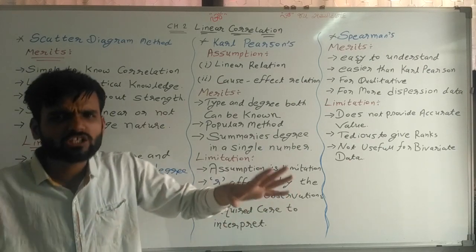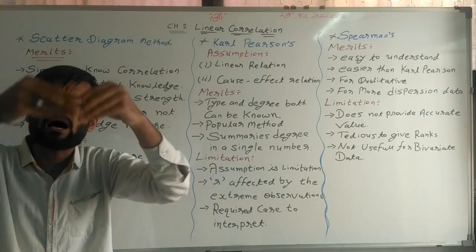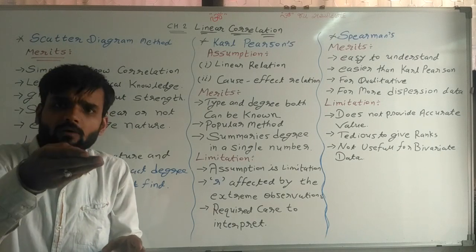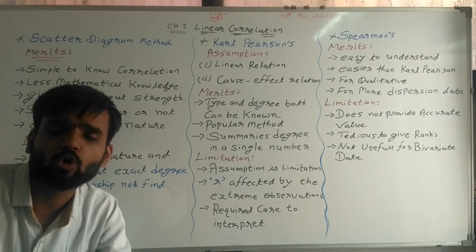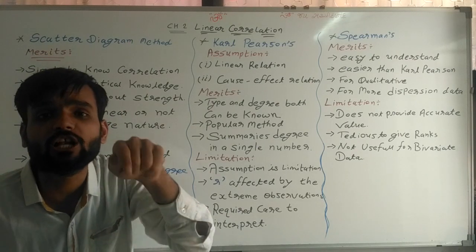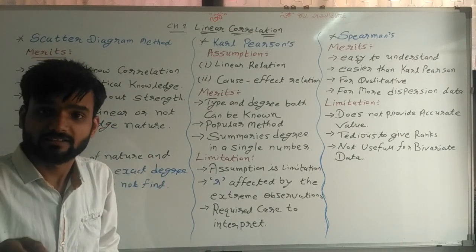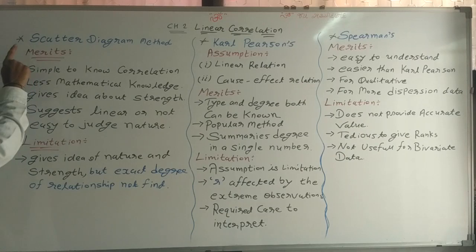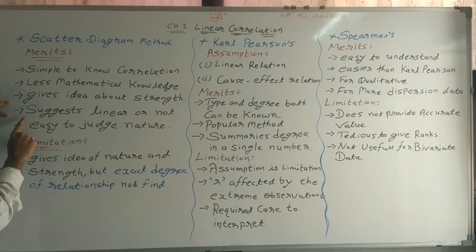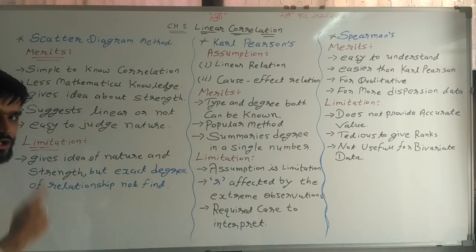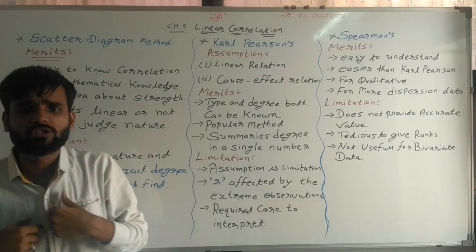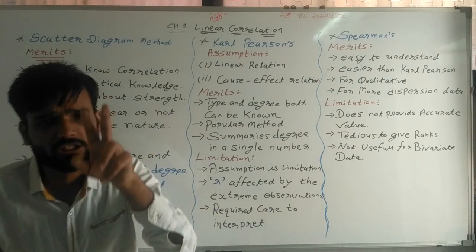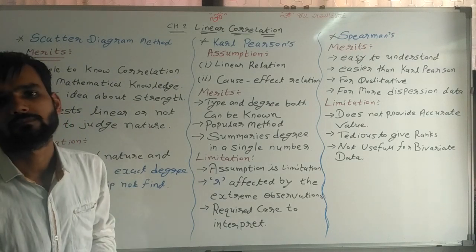If not nearer to the line, and we cannot pass a line even covering maximum points, then we can say there is lack of correlation. That's why the scatter diagram suggests linear or not. By scatter diagram we can know about the linearity of the variables.